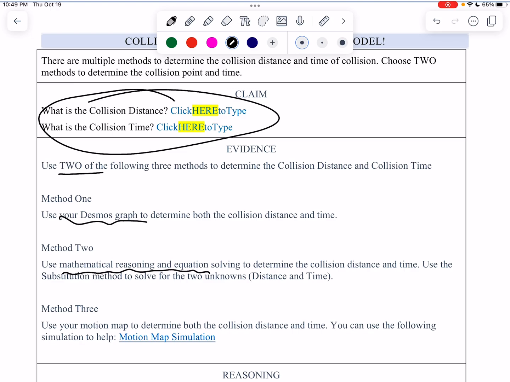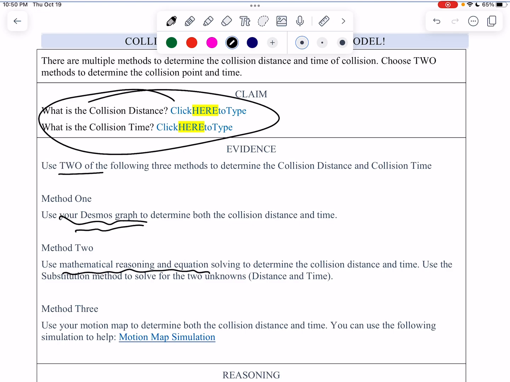You know these cars, some are pretty quick, but none of them are going to travel 4 meters in 1 second. So to create our claim, even though it's first, we will develop our evidence and then come back to our claim. We're going to use 2 pieces of evidence. Our first one is our Desmos graph.